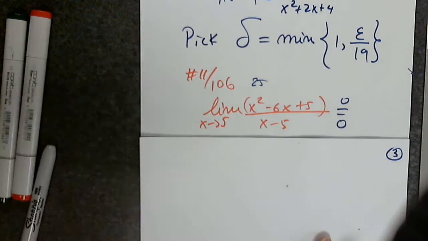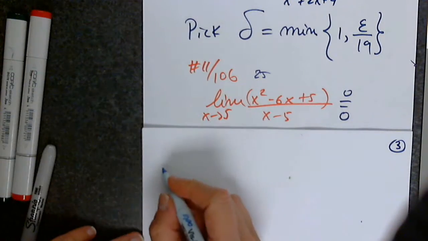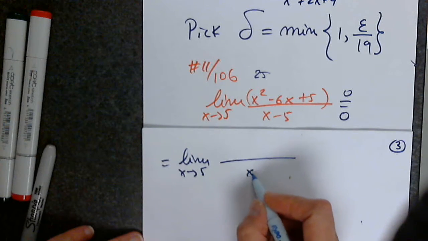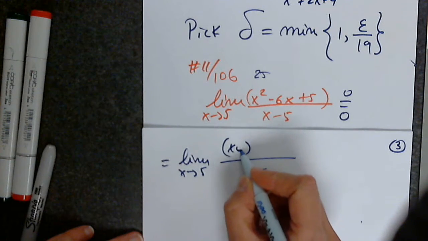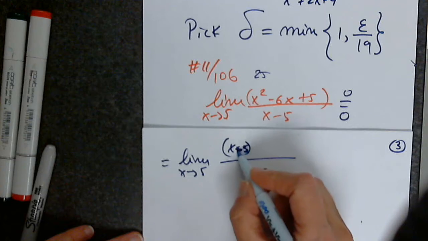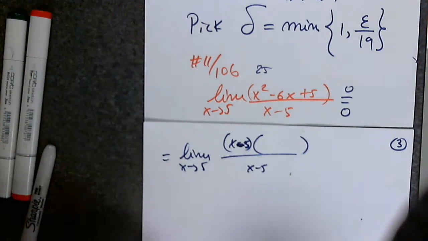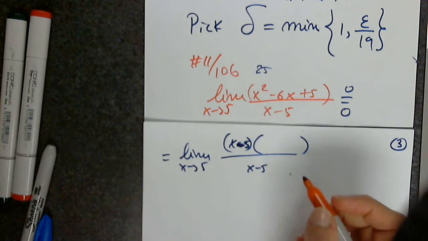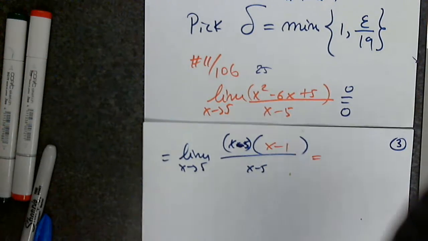I'm quoting two theorems from a previous course. So this is the limit as x approaches 5, and this is x minus 5, and this must be x minus 5. My markers are going berserk. Okay, and then what is the other factor? That's it. Good.